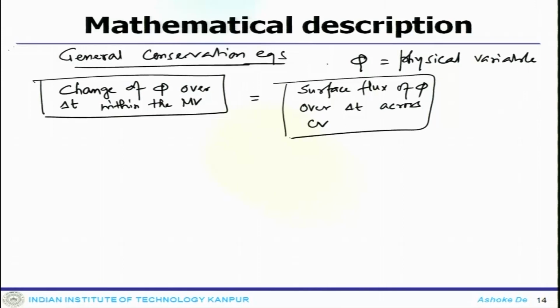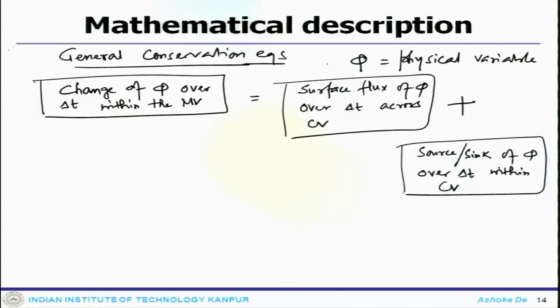So that is one term, plus source or sink of phi over delta t within control volume. So that is essentially my term 1, that is my term 2 and this is term 3.